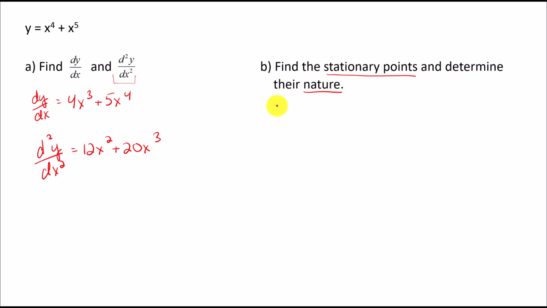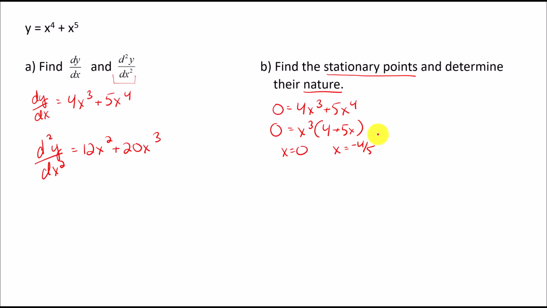And we know that to find stationary points, we set the first derivative, always the first derivative, equal to 0 and solve. In this case, I can pull out an x cubed as a greatest common factor, and then I have 4 plus 5x, so I get x equals 0 and x equals negative 4/5. So that's what I get for the x values of my stationary points.